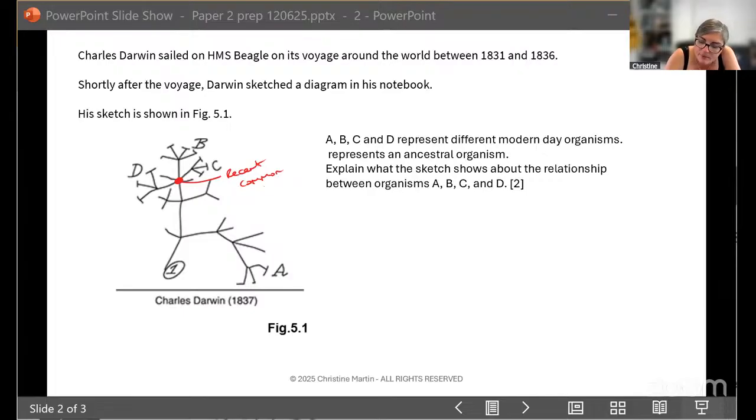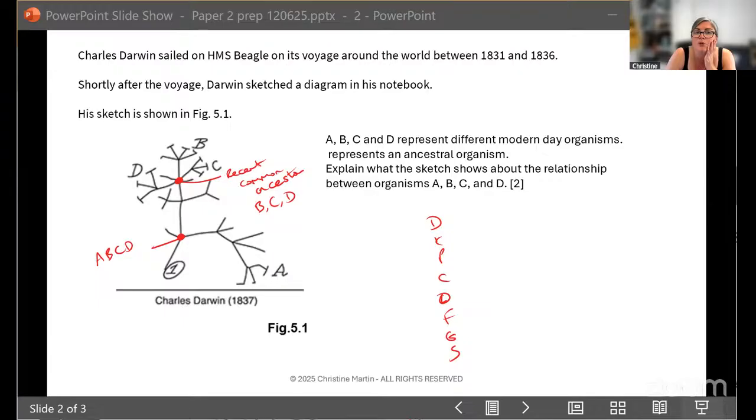Sorry, let me try that again: this one down here is the last common ancestor of A, B, C, and D. So you should know about your phylogenetic tree, and you should know about your domain, kingdom, phylum, class, order, family, genus, and species.